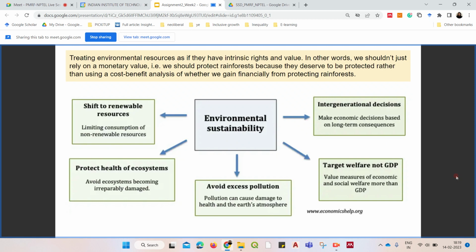Moving on to the next component, which is avoiding excess pollution. So this is a very key example of environmental sustainability, because many a times our use of the environmental resources generates certain byproducts, or because of our activities, several byproducts are generated which then go into the environment, which pollutes it.